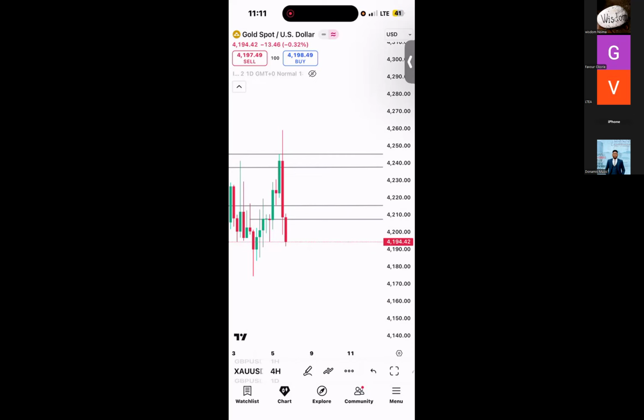The same way people are looking for price to come to this fair value gap, they can look for entry, but some of them don't even know the reason why price is going to respect that fair value gap. It's because it's the 50% of the higher time frame, basically. So it's a lot of things.